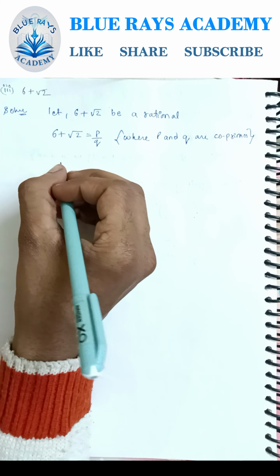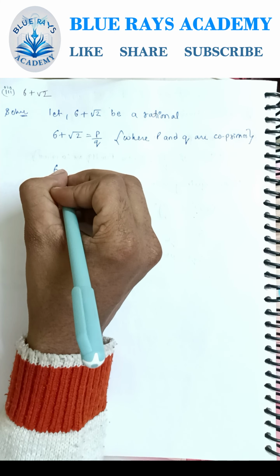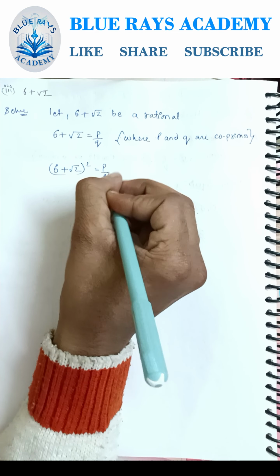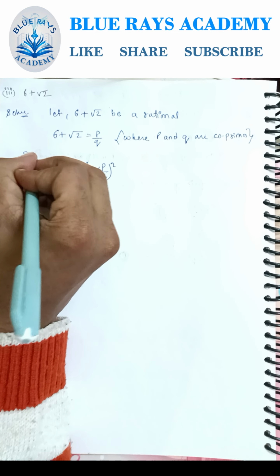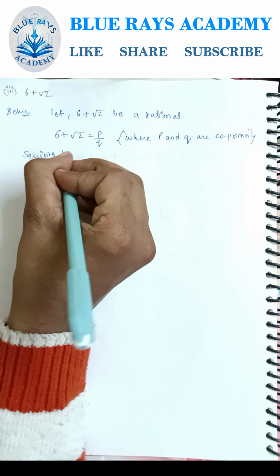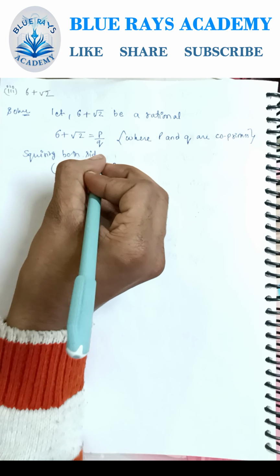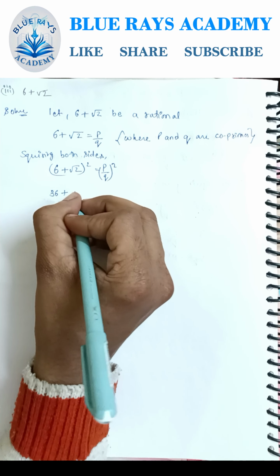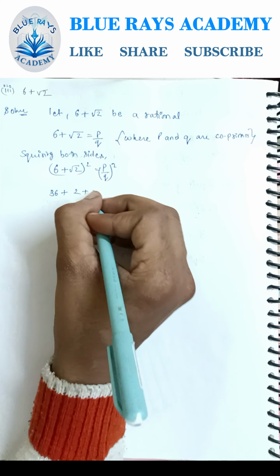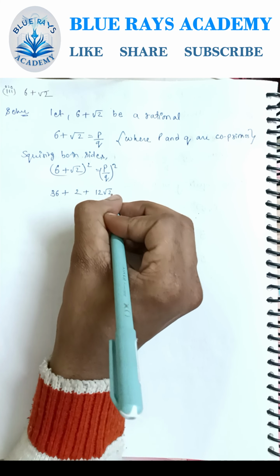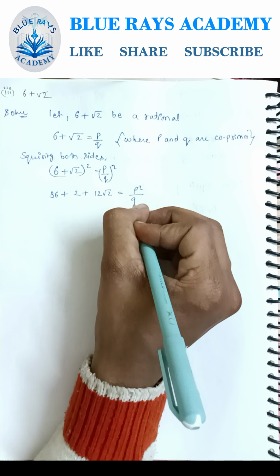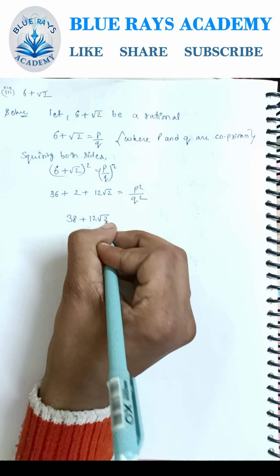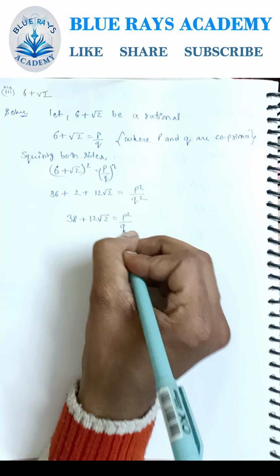Now, on squaring both sides, you can give the reference squaring both sides. Now 38 plus 12 root 2 is equal to p square upon q square.